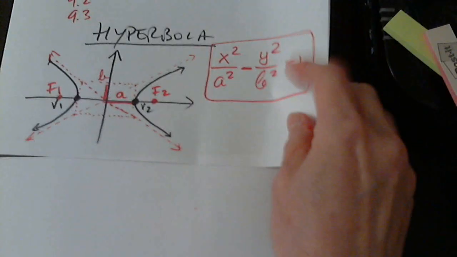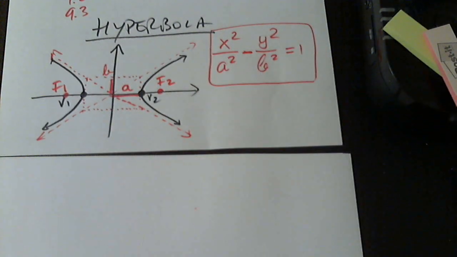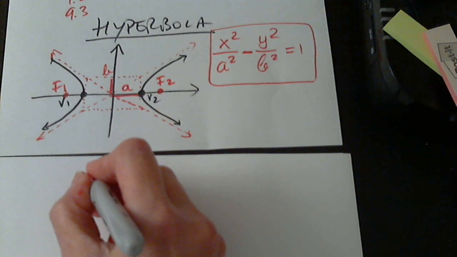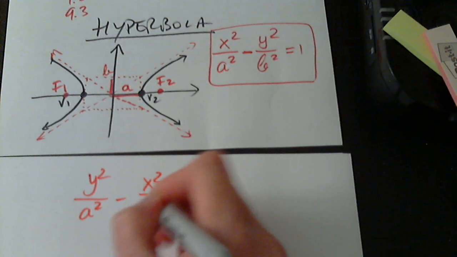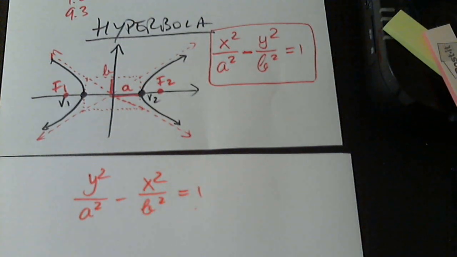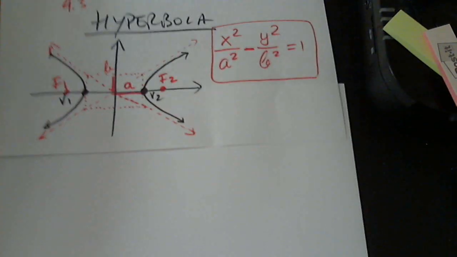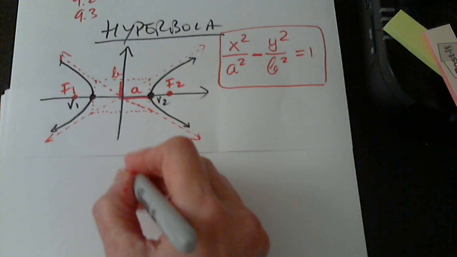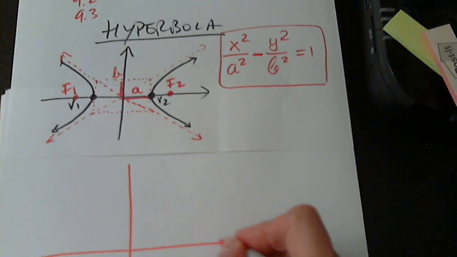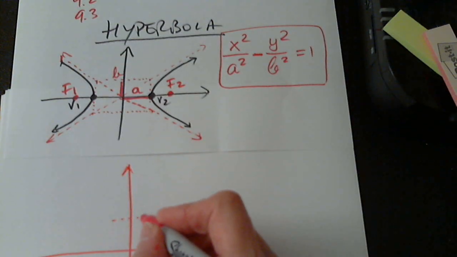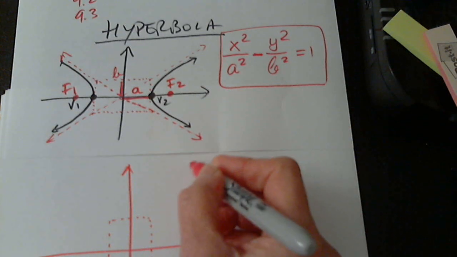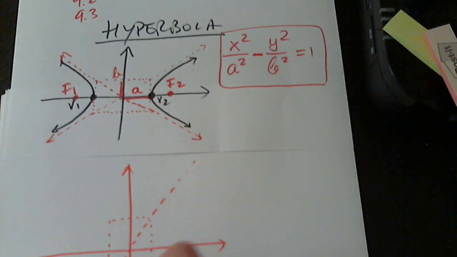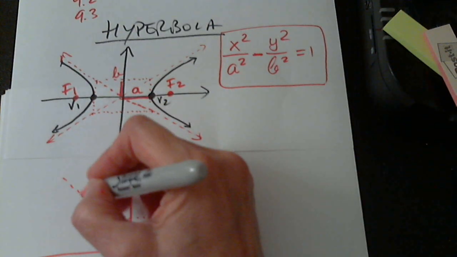And very similar when the minus is in front of x squared, like y squared over a squared minus x squared over b squared equals 1. How will it look? And I'll stop, promise. Again, we draw the box first, and the asymptotes through the origin and through the corners of the box, always.